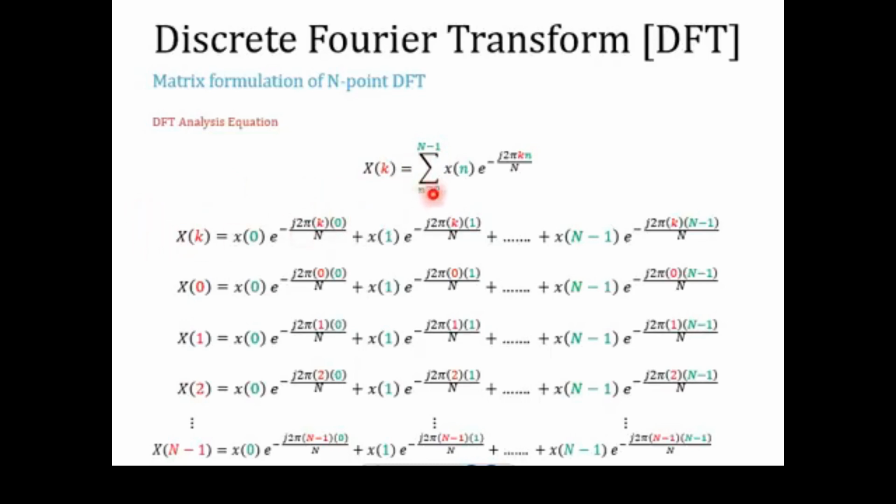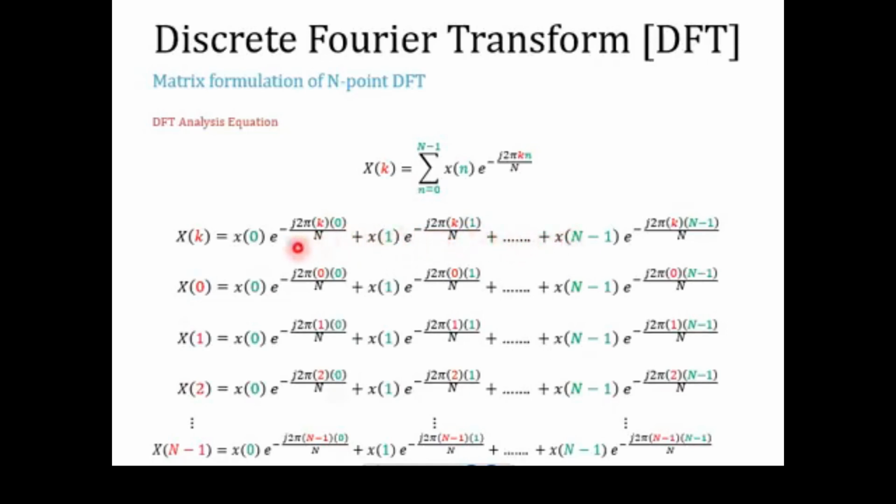When we expand this summation, or when we put the value of small n equal to 0 to N minus 1, we will get N number of terms. On substituting small n equal to 0 in this equation, we will get x of 0 into exponential minus j 2 pi k into 0 divided by capital N, plus x of 1 into exponential minus j 2 pi k into 1 divided by capital N, and so on.